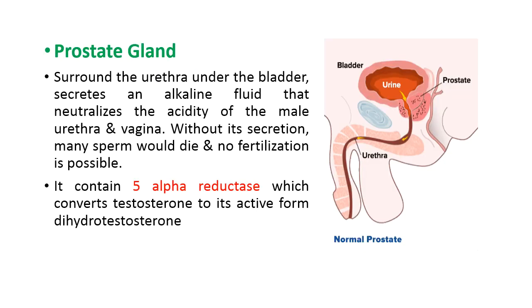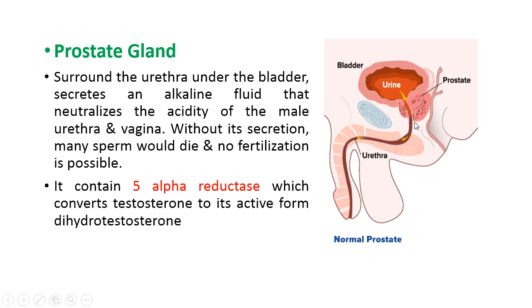What about the prostate? The prostate gland surrounds the urethra under the bladder, and it secretes an alkaline fluid. This is the bladder, and this is the prostate. As you can see, the prostate is surrounding the urethra.